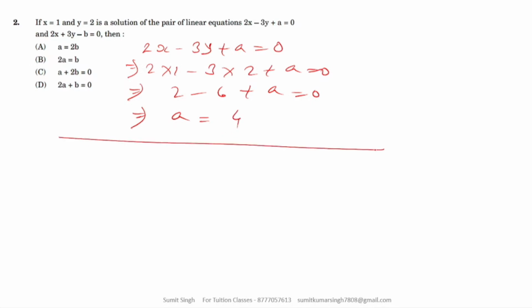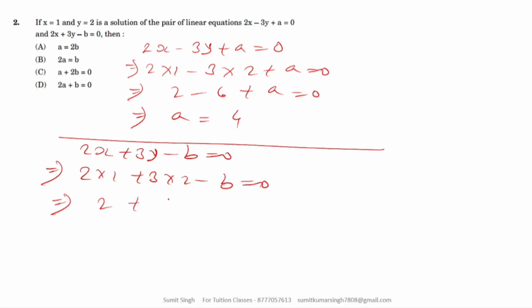Now we will simplify the second equation, that is 2x plus 3y minus b is equal to 0. Again we substitute x as 1 and y as 2. Then we get 2 times 1 plus 3 times 2 minus b is equal to 0. Then it will be 2 plus 6 minus b is equal to 0, so the value of b is equal to 8.